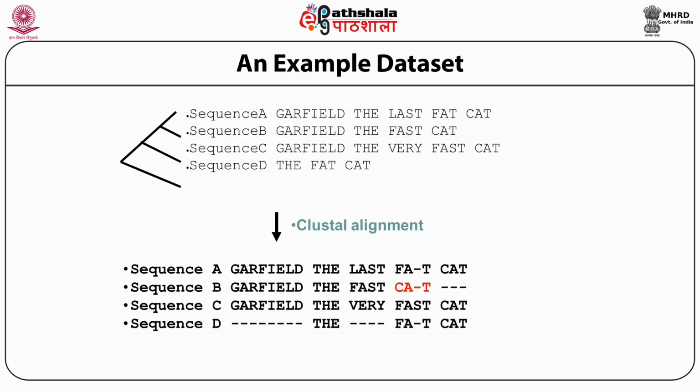And similarly in the fourth one, fat is not the same thing as fast. So it could have been anywhere. But again, it has been connected to fast. So if we look at this kind of alignments, the first and the second, more or less the first part of the thing, so the Garfield, the last and fast, etc. have aligned very well. But there's a little bit of a problem. Sometimes cat gets aligned with fat, sometimes fast gets aligned with fat.